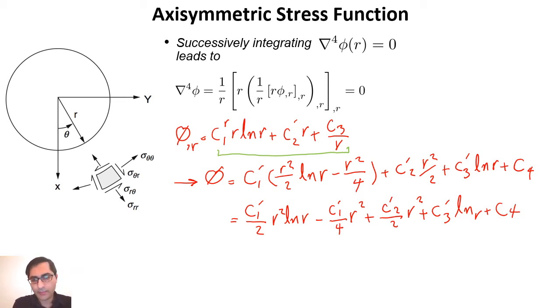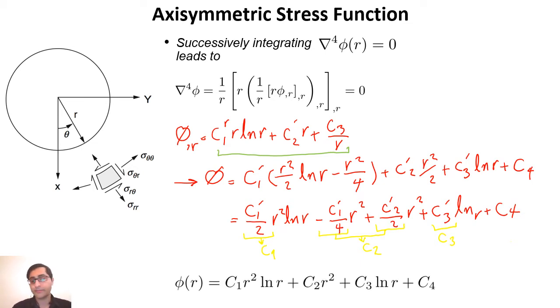Again, minus c1 prime divided by 4 and c2 prime divided by 4, I can just name it c2, a constant. For c1 prime divided by 2, I can just name it a constant like c1, it doesn't matter really. And I keep c3 prime, I just don't like the prime, so I rename it to c3, and I keep c4.